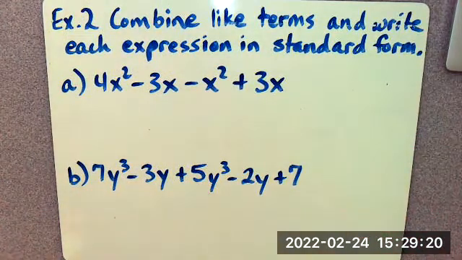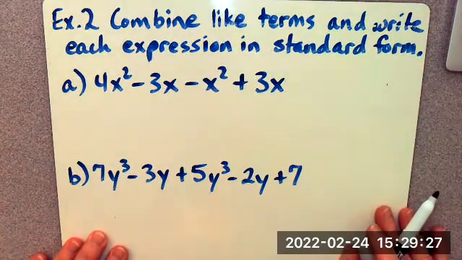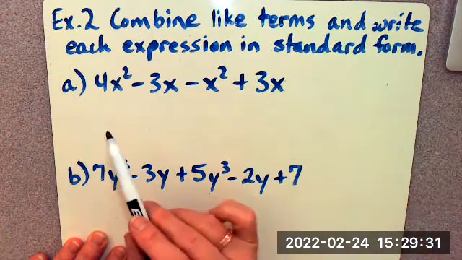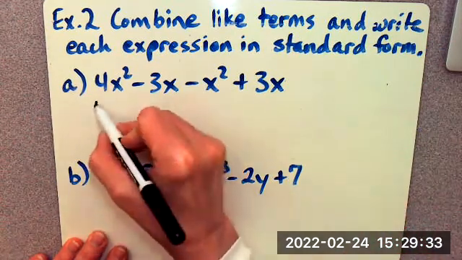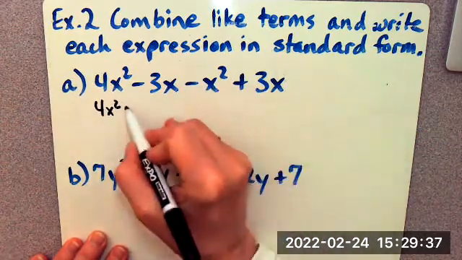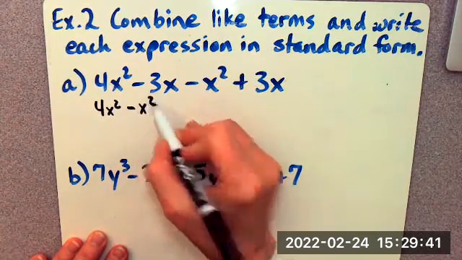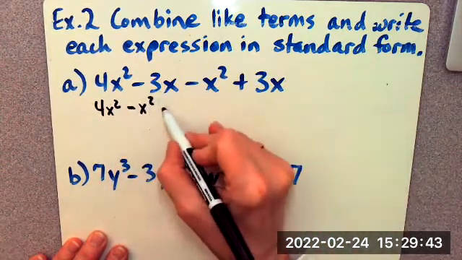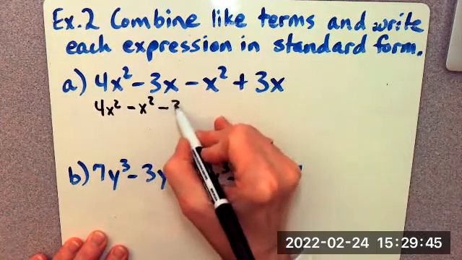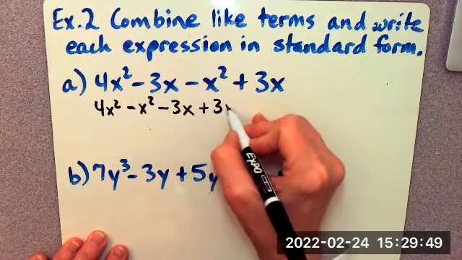For this example, we're going to try combining like terms. So we want to combine the like terms and write each expression in standard form. So I have 4x squared. And I notice I have another x squared here. So let's move that over here so it's next to it. And then I have minus 3x here and plus 3x there.